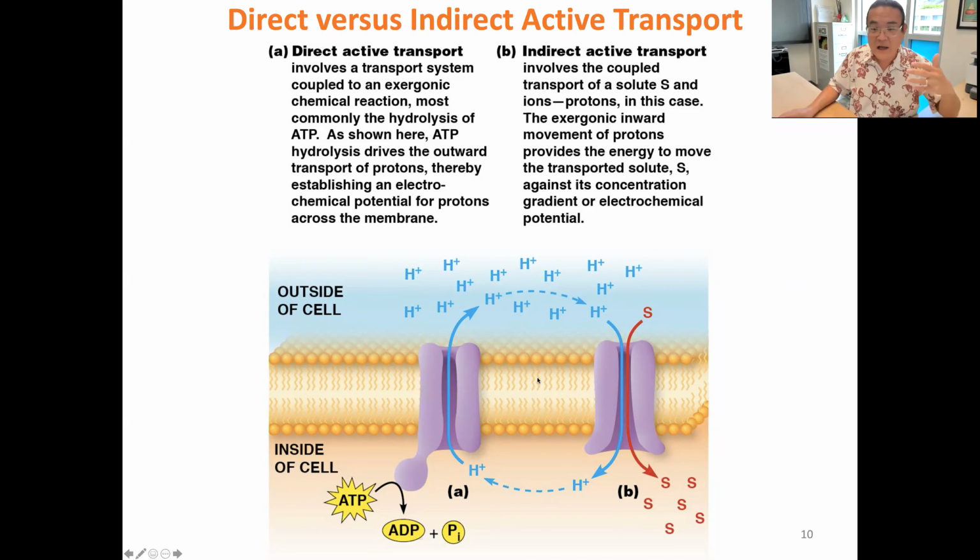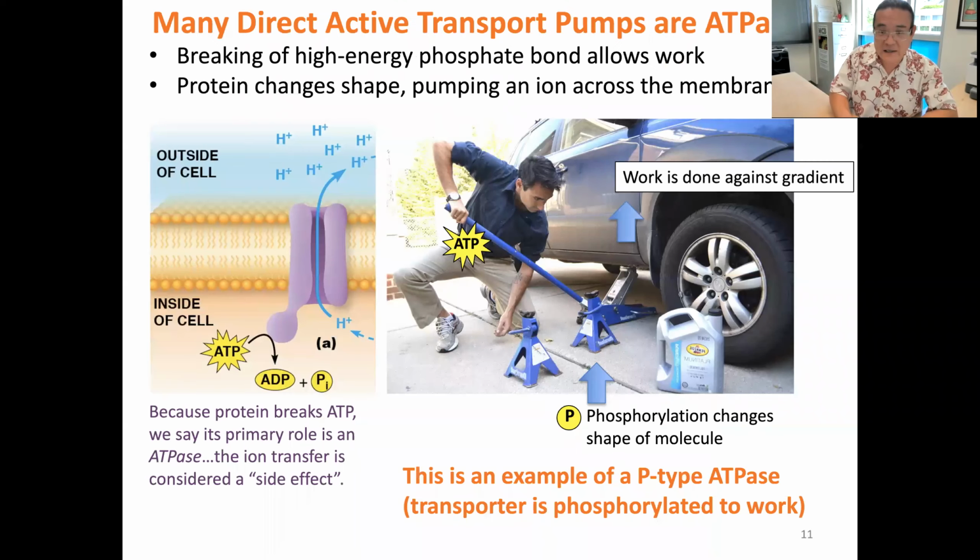Then you can have a huge assortment of different proteins that take advantage of that proton flow, but each of those move different types of solutes. So that's why indirect active transport is a very important way that our cells evolved, so that these transporters can take advantage of the energy that was used by the direct transporters to set up things like these proton gradients.